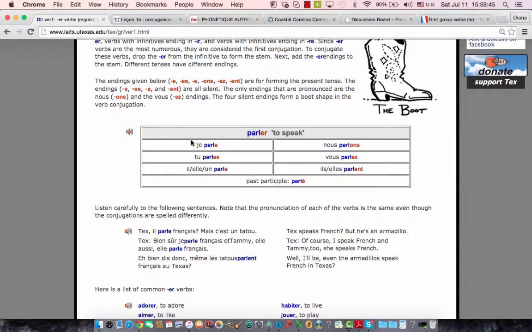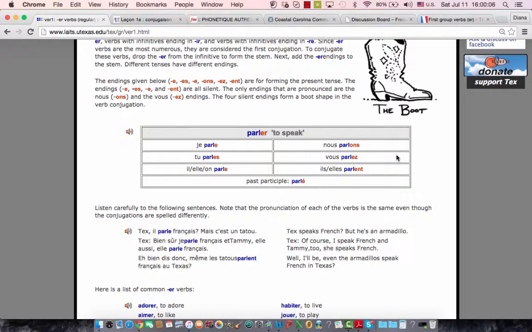So for je, we're gonna have the terminaison e. For tu, we're gonna have the terminaison es. For the third person singular, il, elle, on, we will have the terminaison e. Same form as for je.